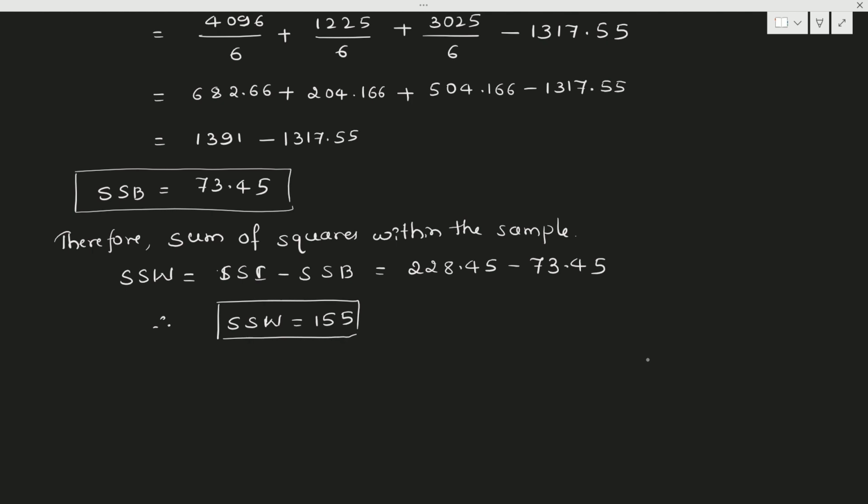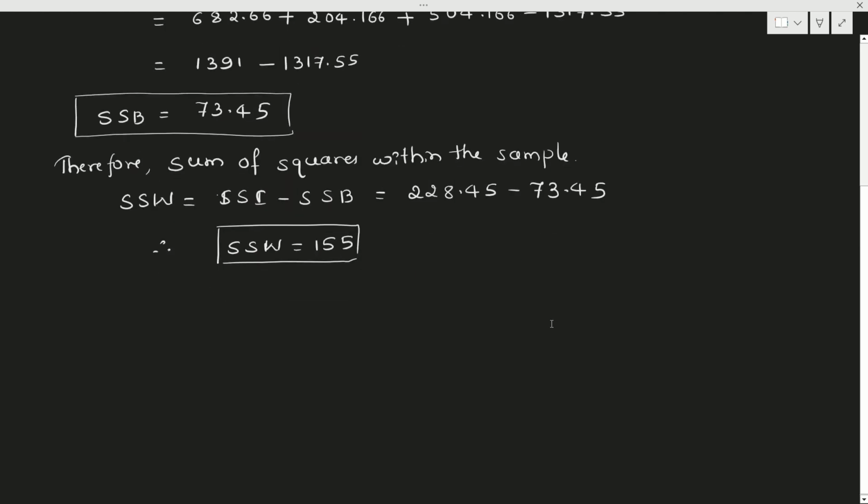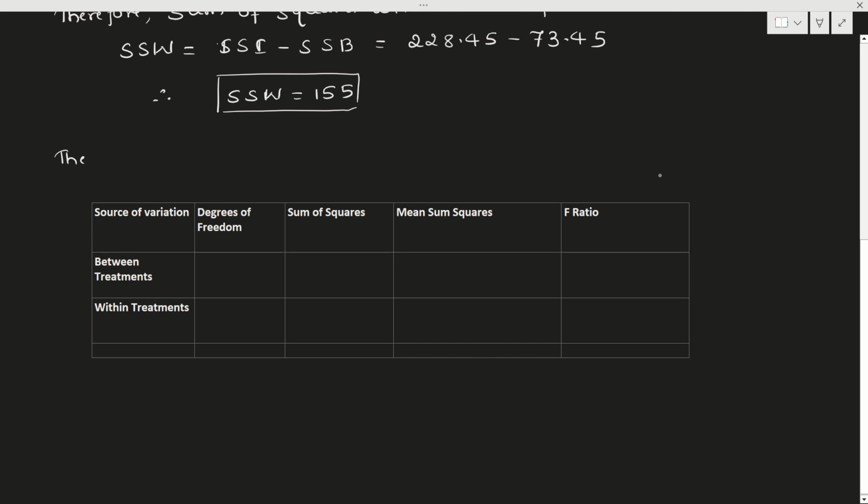Once we get SSB and SSW, our aim is to construct the ANOVA table, where we need to find the values. The ANOVA table is as below.